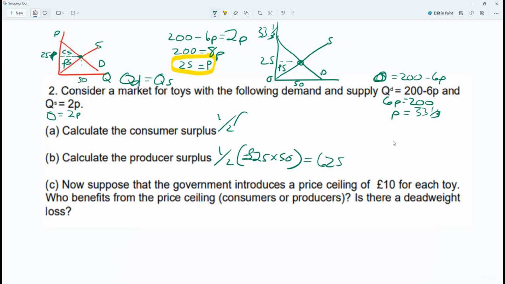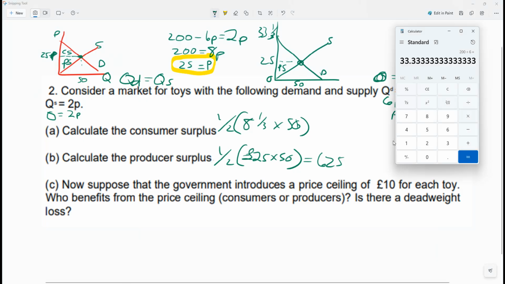So calculate this triangle. It'd be 8 1/3 times 50. We're going from 0 to 50 units. So put that in the calculator: 33 1/3 minus 25, we'll leave it like that. That's good, times 50.